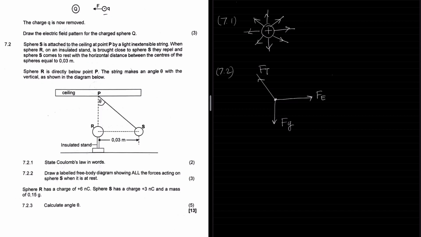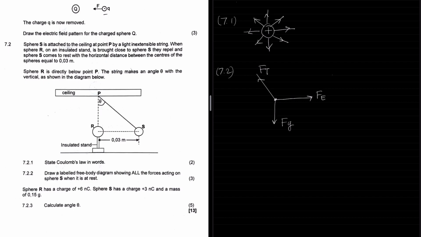Next question: sphere R has a charge of 6 nanocoulombs, sphere S has a charge of 3 nanocoulombs and a mass of 0.15 grams. Calculate the angle theta. Okay, so first thing I would like to do here is draw a triangle from the forces that we just did.